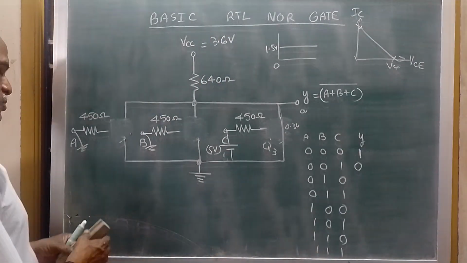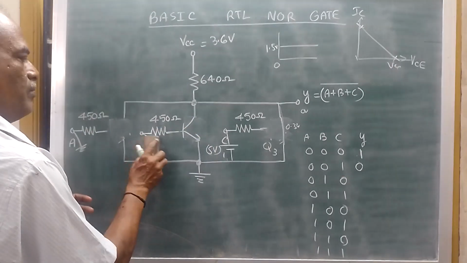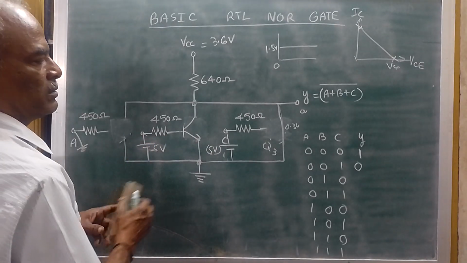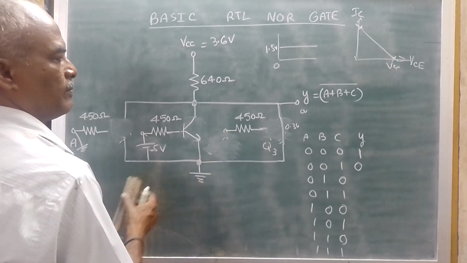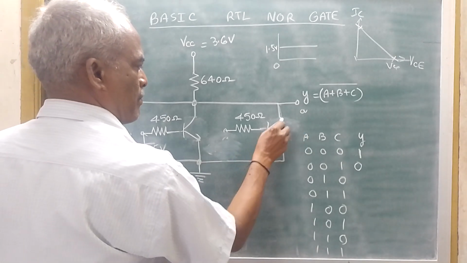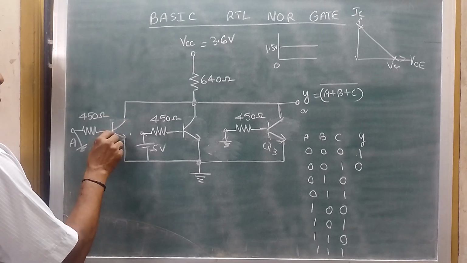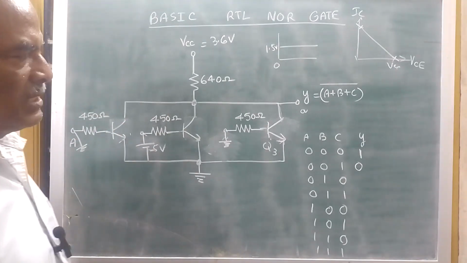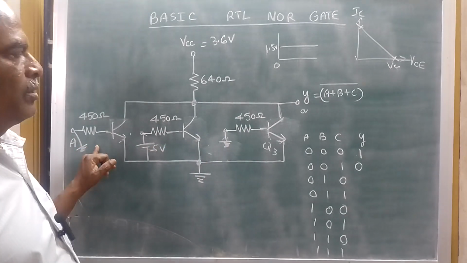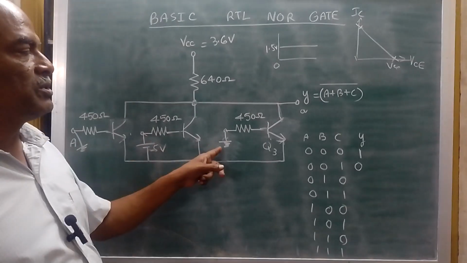That is, this transistor goes into conduction now. Here we are giving 5 volts, that is logic 1. C is grounded. Here we have the transistor. So this input is grounded 0. This is also grounded. So what happens in this case? Transistor C and transistor A, that is Q1 and Q3, both the inputs are 0.